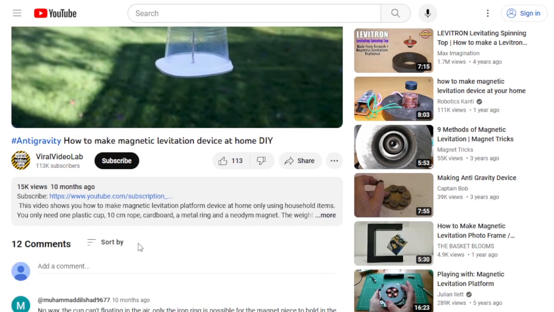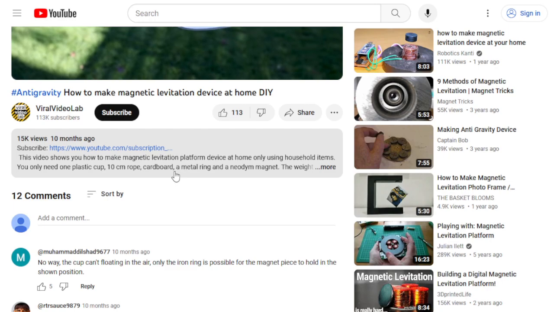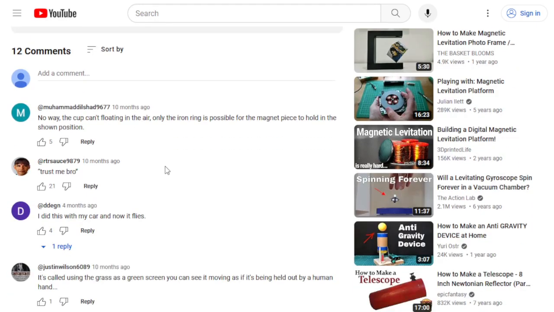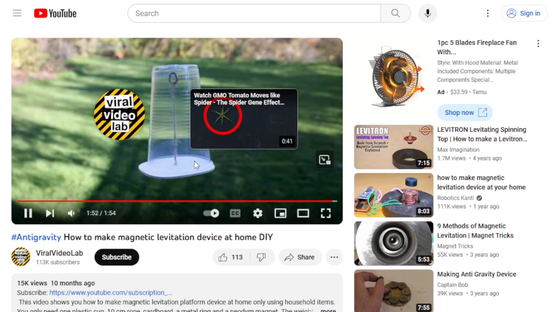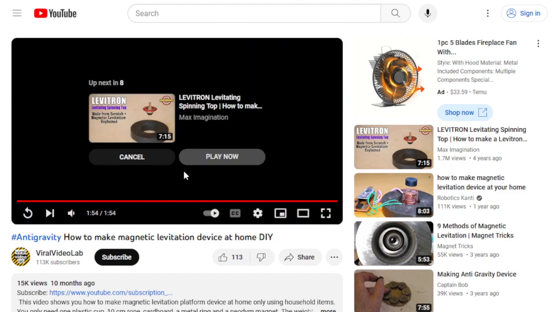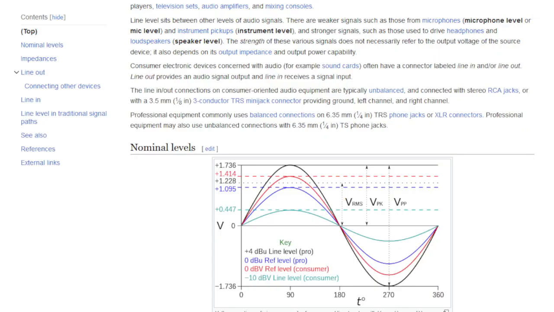Where's the comments? I did this with my car, now it flies. He's using the grass as a green screen, so it's fuzzy in the background. See, like I said, don't pay any attention to that.